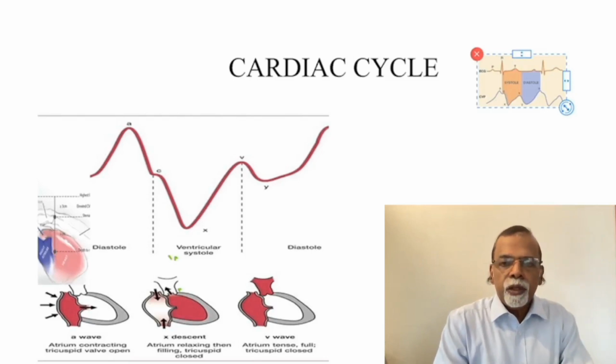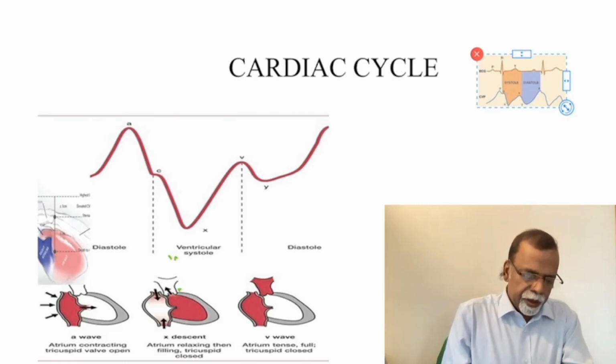The waveforms in the jugular venous pulsations are due to the pressure changes that are occurring in the right atrium. So let us see what is happening in the right atrium.